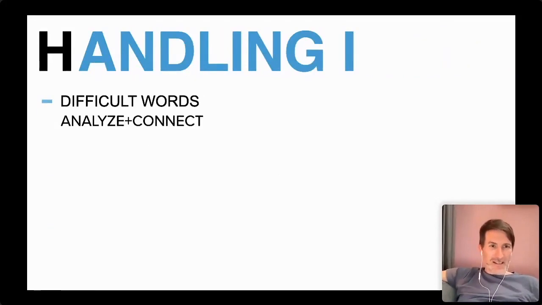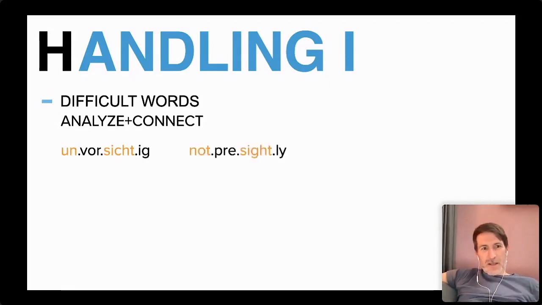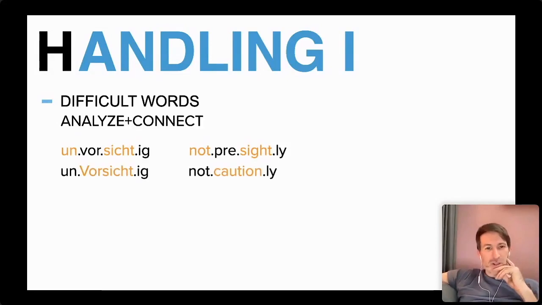Now, how do you handle these difficult words? You analyze and connect. Let's take a look at unvorsichtig. We had that word before with a man who got bitten. If I translate the individual parts, you cannot do this yourself at this stage, but at one point you can, and I will get to that in a minute. You see, unvorsichtig literally means not precisely, or if I put Vorsicht together, which gives a new word, that is caution.